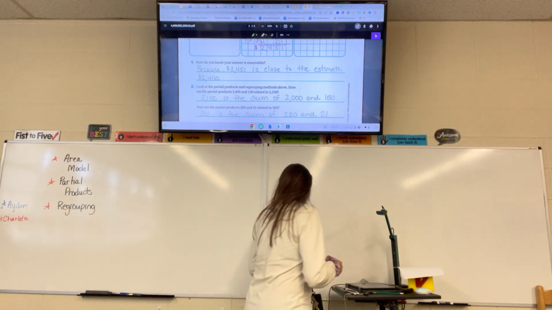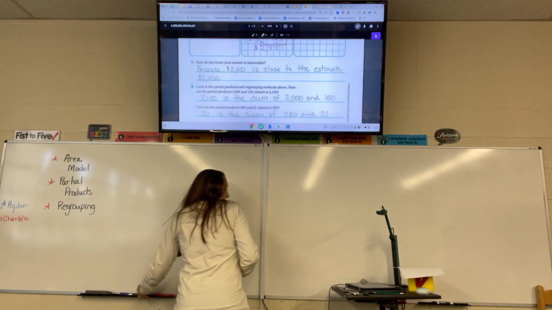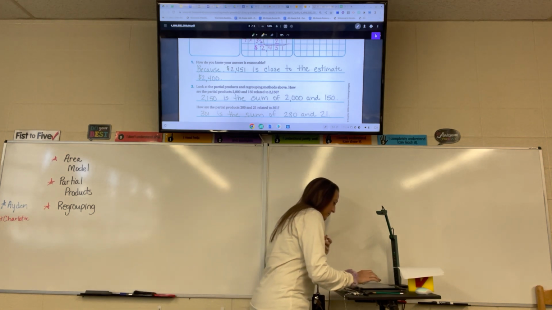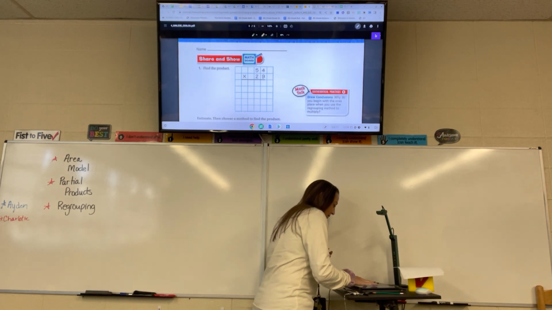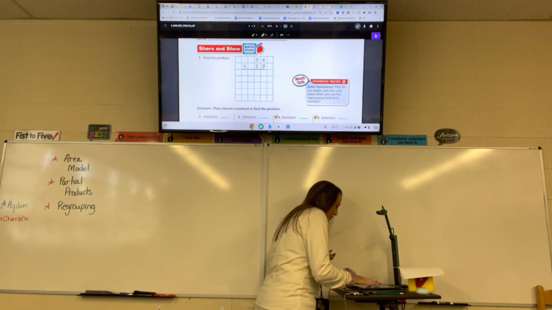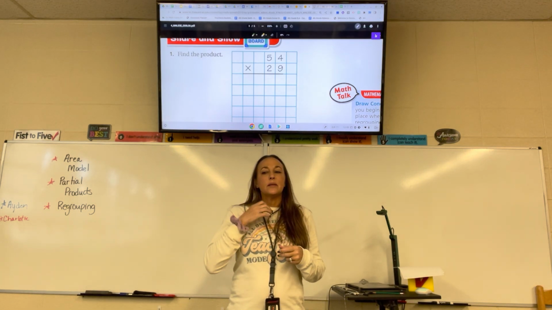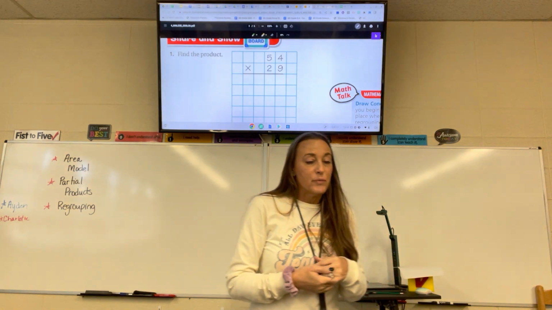Okay, if you didn't quite get those copied down, I can put them up at the end. I'm gonna move on. Okay. So the next one says find the product, and we're going to do this one just with regrouping real quick. Regrouping is probably the strategy that most of you will use most of the time.